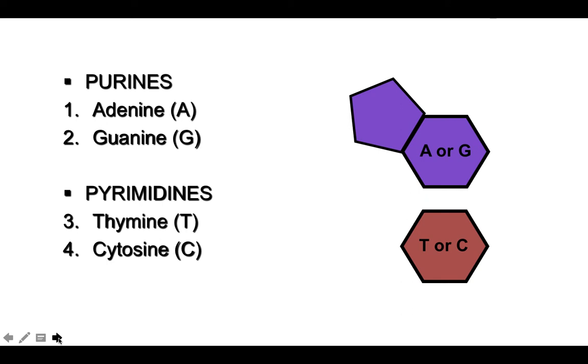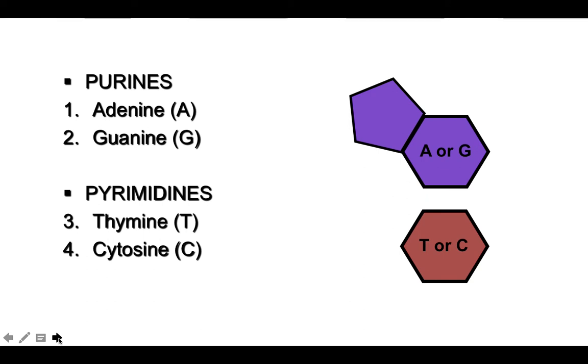Aside from these four nitrogenous bases that we have encountered so far, there are also other examples of purines and pyrimidines that you might encounter in your next courses or in your lecture. Aside from the purines adenine and guanine, we also have two other purines, hypoxanthine and xanthine.